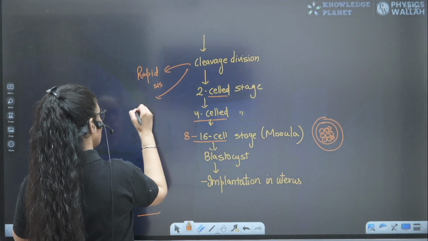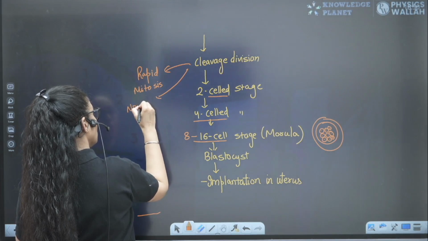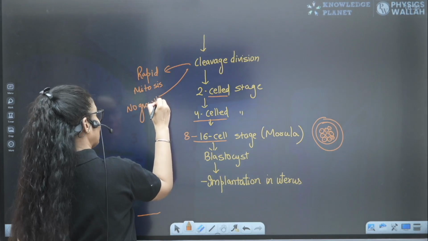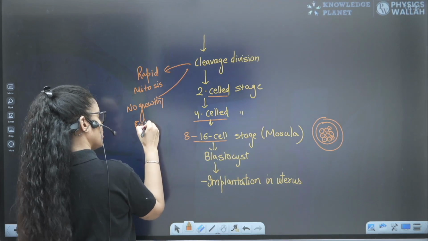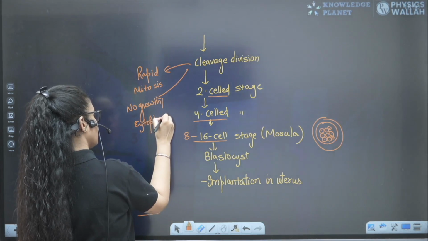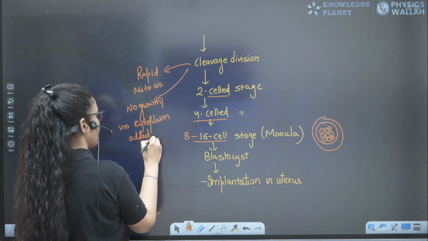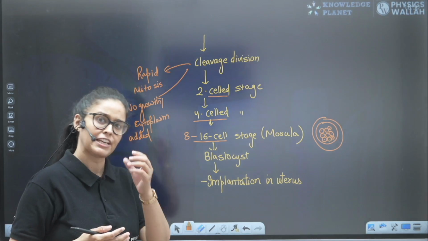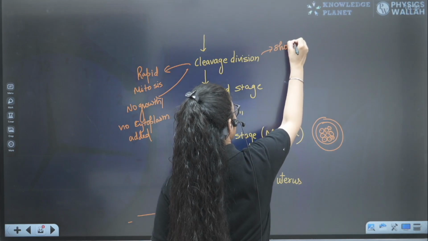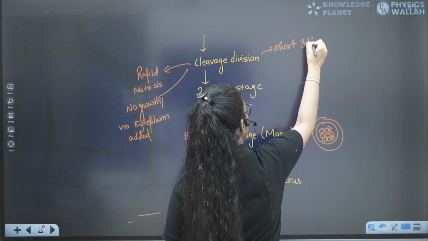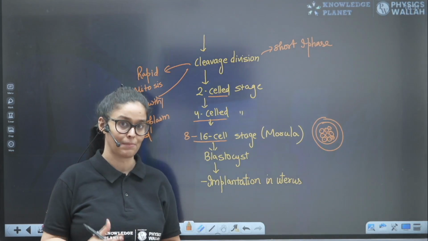It happens till the morula stage. And it's very fast mitotic division with very short interphase. This makes them different from normal mitosis.